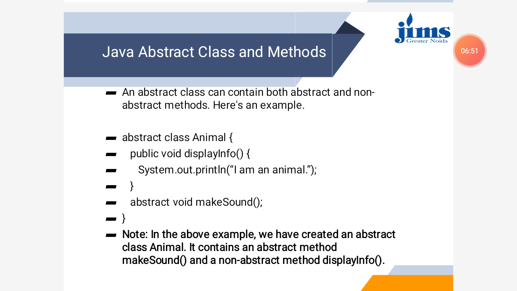So the Animal class is an abstract class and it contains two methods, one concrete method displayInfo and one abstract method. And it is very clear that if any class is containing any abstract method, that class must be an abstract class, and we use the abstract keyword before class.